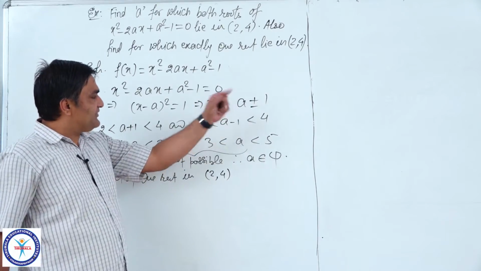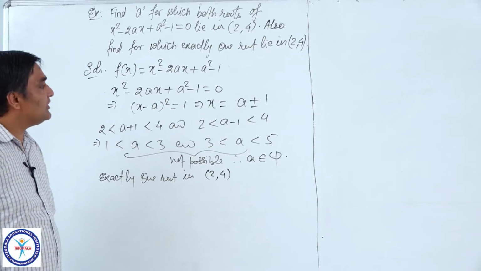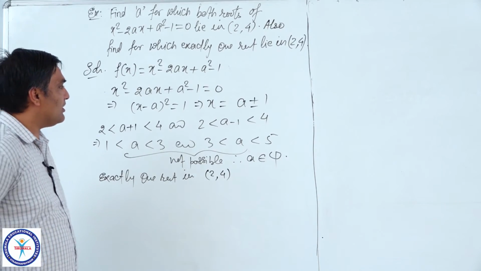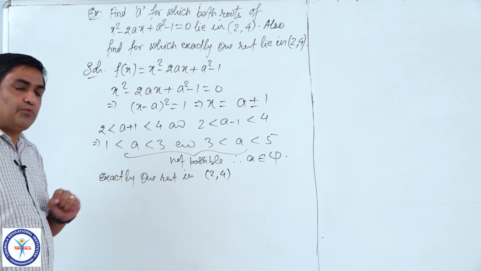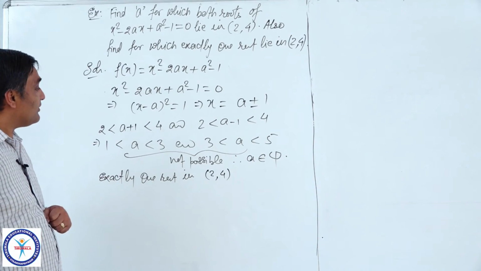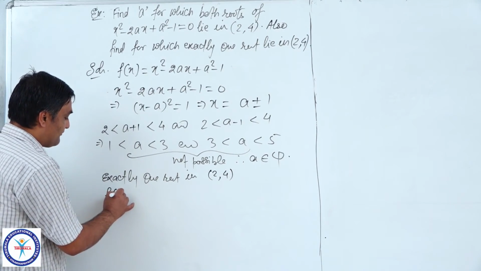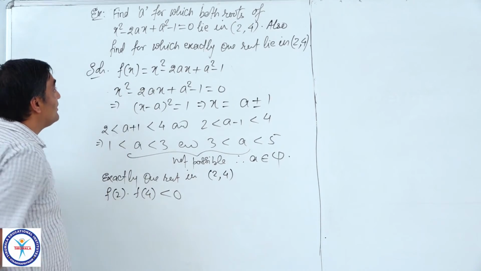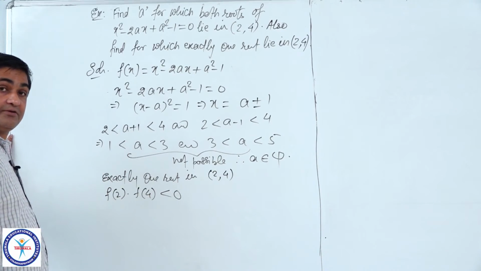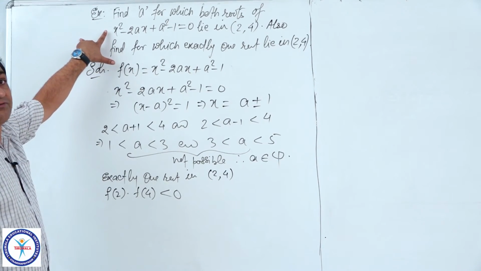Find which is the higher root, a plus 1, a minus 1. Exactly one root in 2 comma 4 means what? f of 2 into f of 4 less than 0. f of k1 into f of k2.